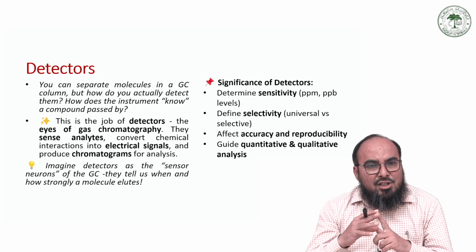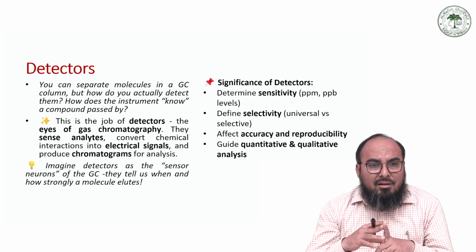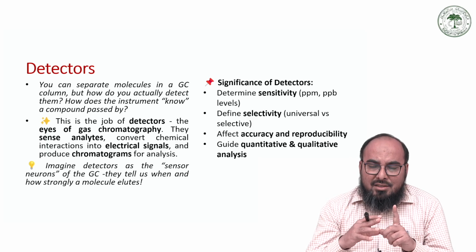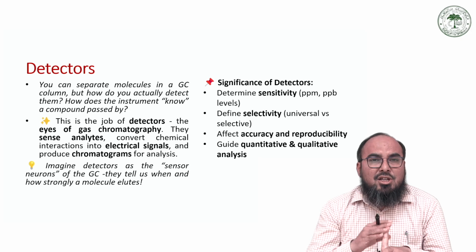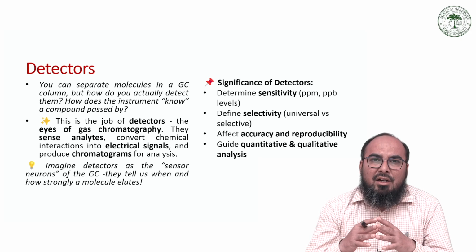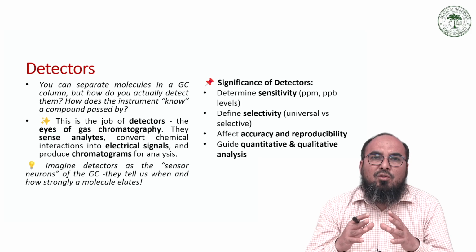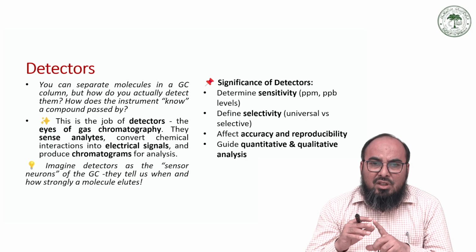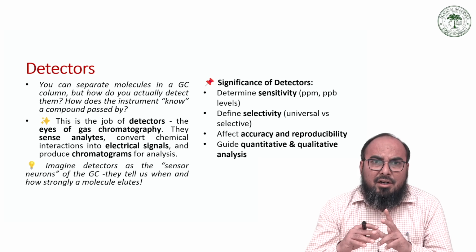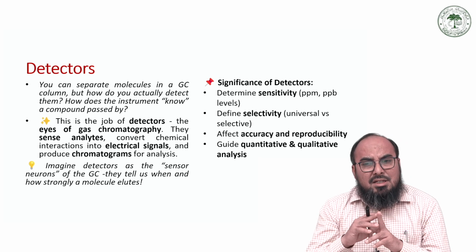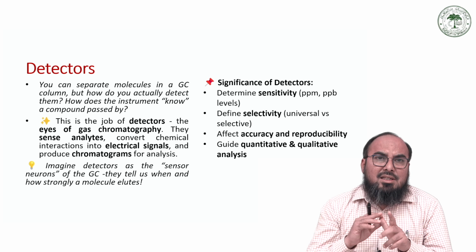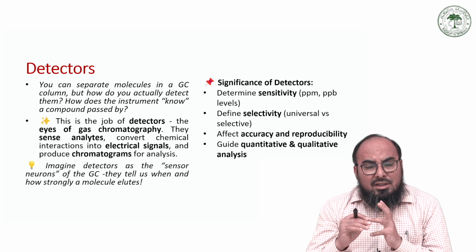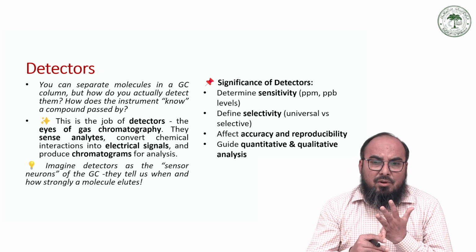The detector tells you about the nature and the quantity of the different components of your volatilized sample. Here the detector is important with regard to sensitivity, selectivity, accuracy and reproducibility.